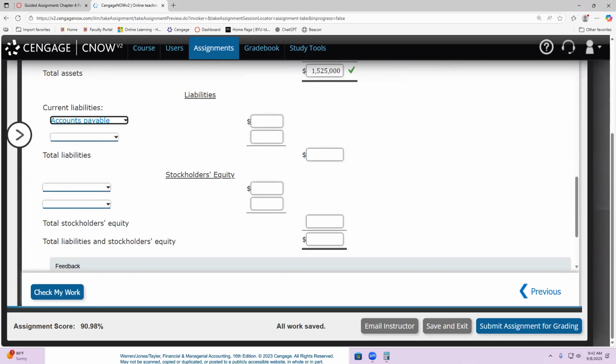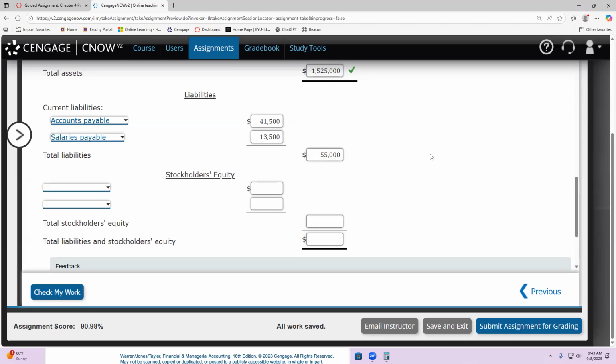So they have 55,000 in current liabilities, no long-term liabilities, so total liabilities of 55,000.